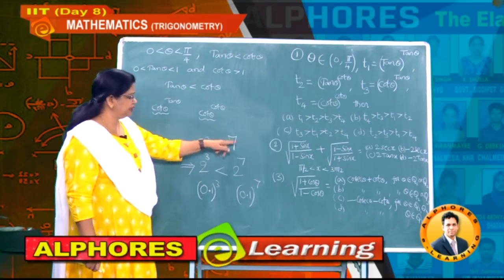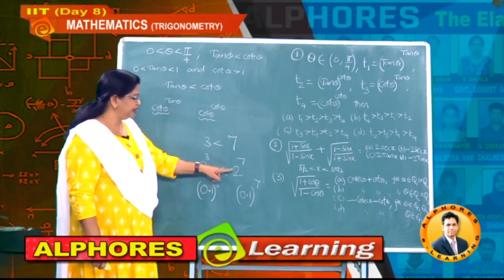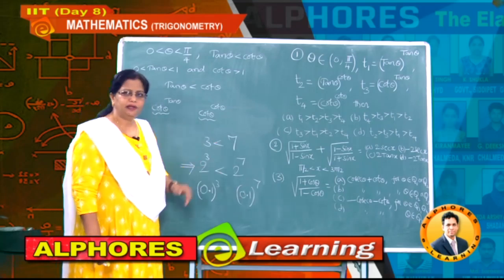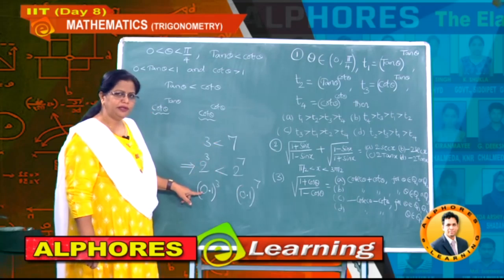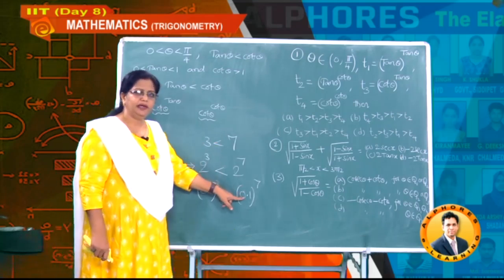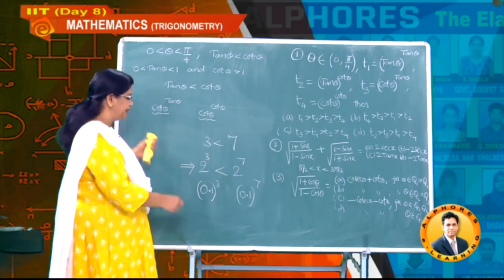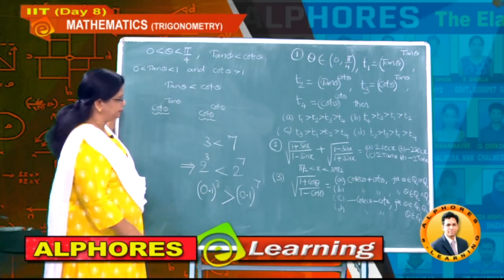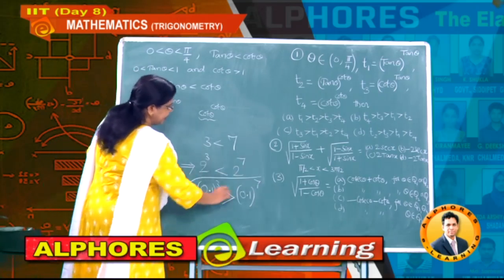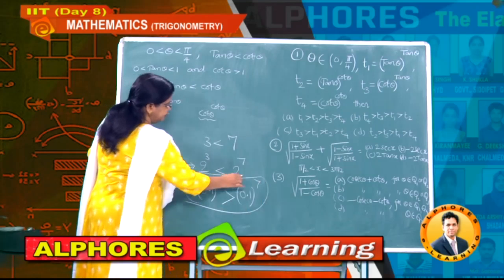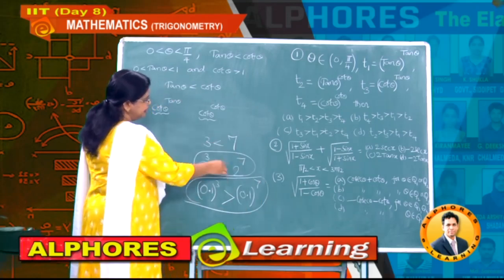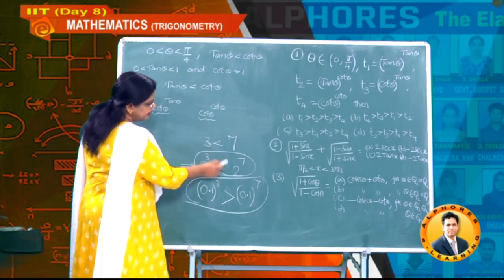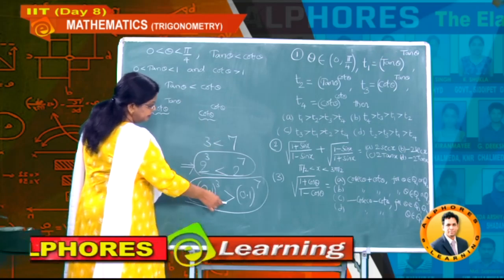Now here 3 less than 7, we observed the base is more than 1, so the same inequality you got, and here it is a number less than 1, you can observe 0.001 you will get, and here for 7 a smaller value you will obtain. That means this number is obviously greater than. Therefore you observe this kind of concept: when the base value is more than 1, the same inequality is maintained, and when the base value is less than 1, the inequality you have to reverse.